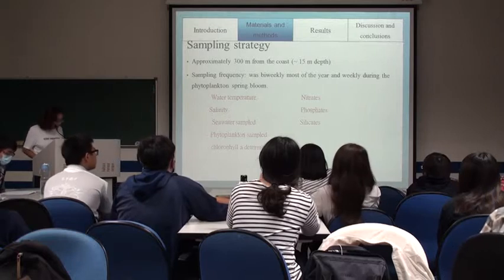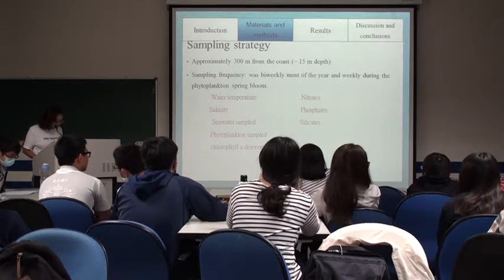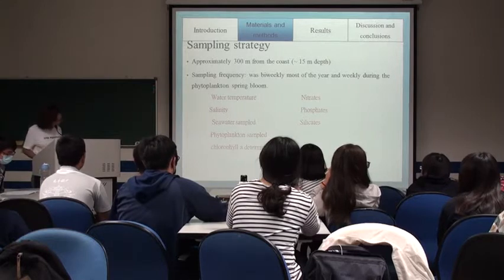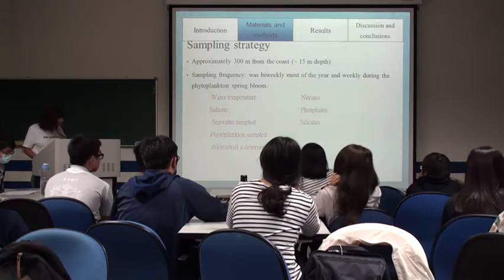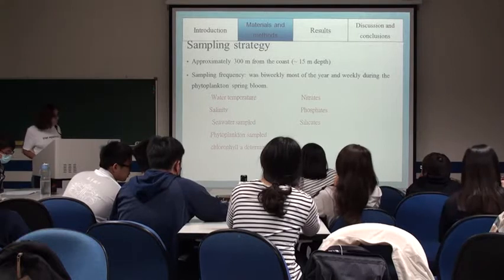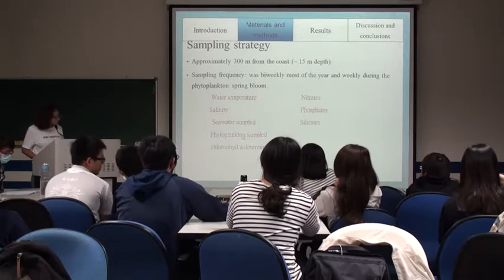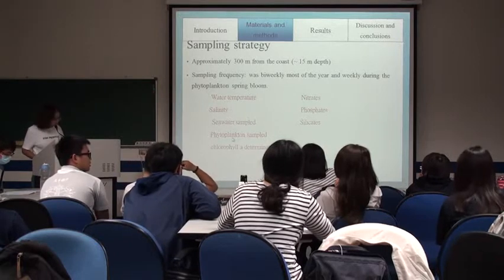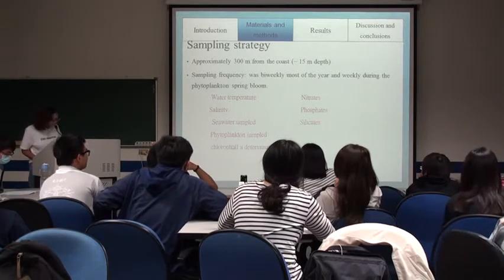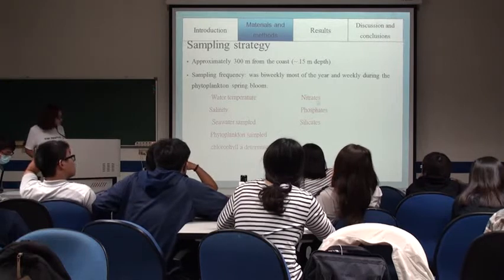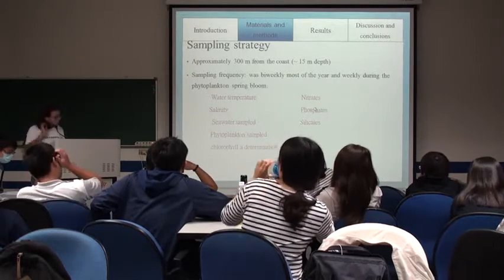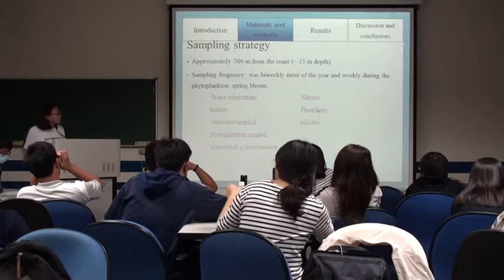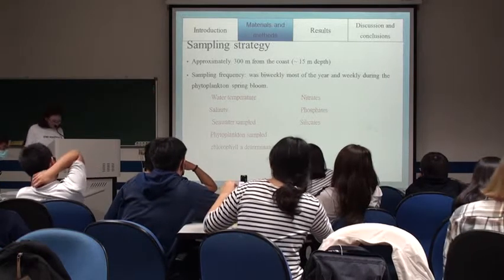In the study period, the research team took data on composition, water temperature, salinity, seawater samples and phytoplankton samples, chlorophyll a, and used these data to know the biomass and the abundance.